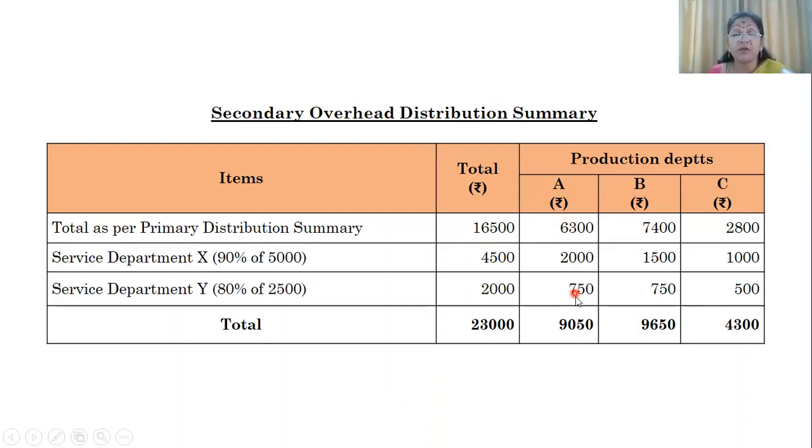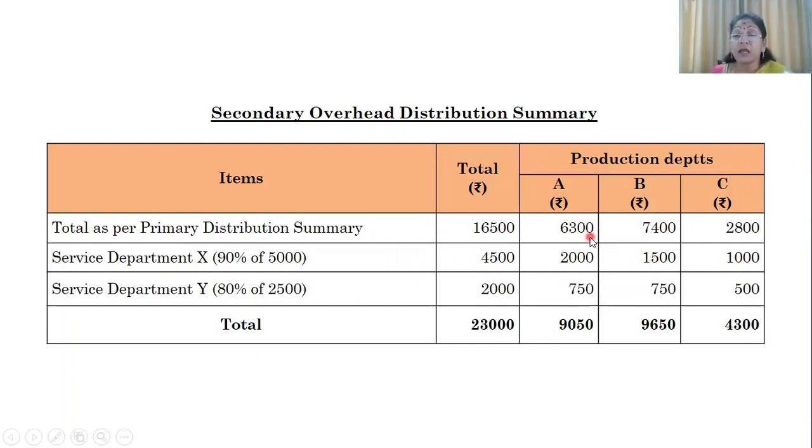These bases are given in the problem in percentage. So we total as usual. The total column: 16,500 plus 4,500 plus 2,000, we will get 23,000. Then the 3 production departments; no service department column should be provided in the simultaneous equation method.